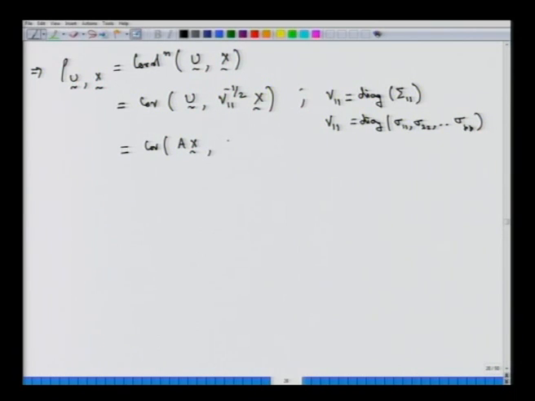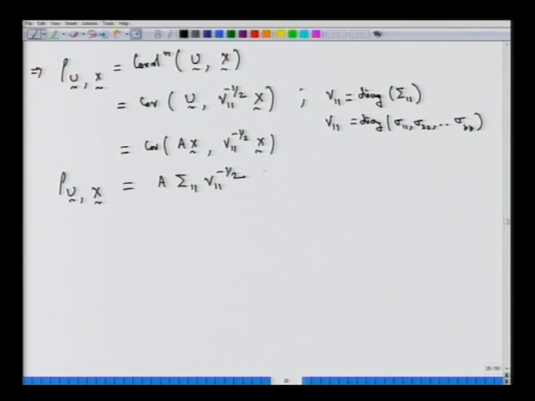So, this is the covariance matrix of Ax and V11 to the power minus half times x, and thus this is nothing but equal to A times the covariance matrix of x, which is sigma 1 1, times V11 to the power minus half. So, this is the final form of the correlation matrix between the canonical variables and x's, where ui's are the canonical variables using the linear combination of the elements of x's only.